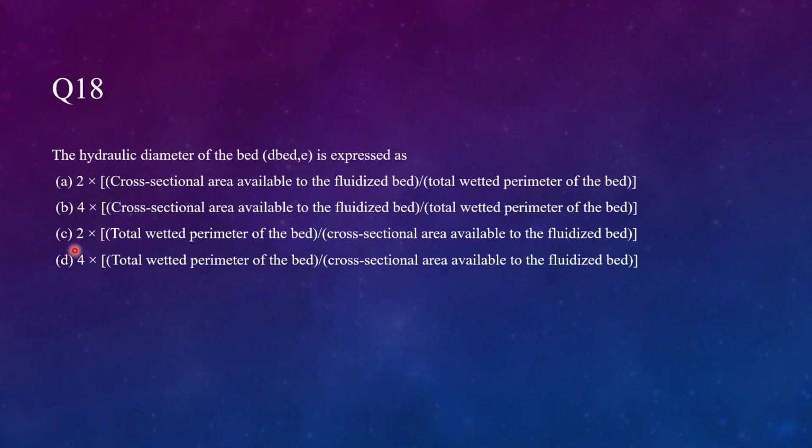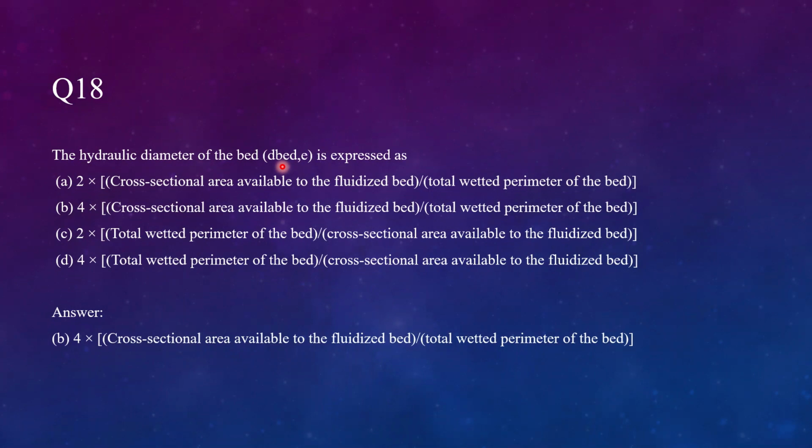We know the answer as 4 into cross-sectional area available to the fluidized bed by total wetted perimeter of the bed.